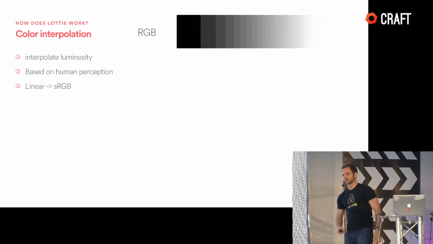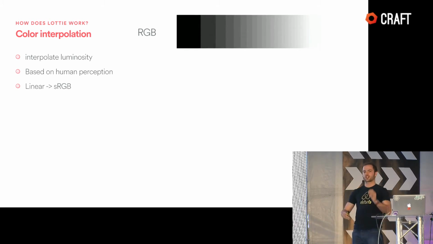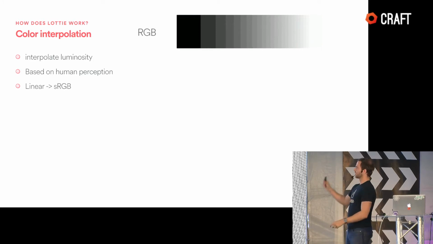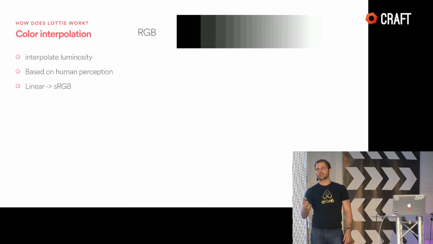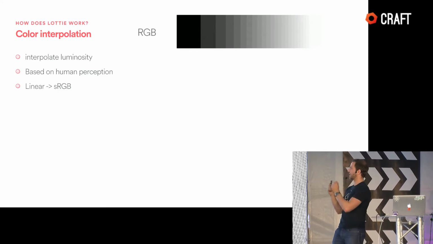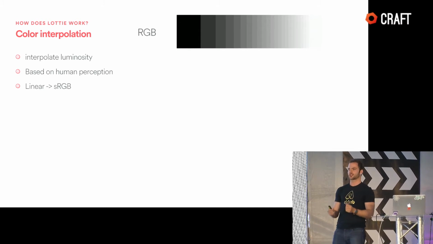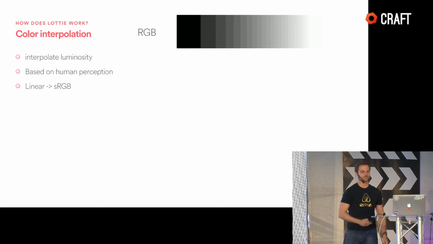However, if we break it down into chunks of even luminosity, such that the perceived color difference between each square is the same, you would see that the squares would not actually be the same size. It turns out this is not ideal. We want it to look even as perceived by our eyes, not just like 1, 2, 3, 4, 5, all the way up to 255 for each channel.